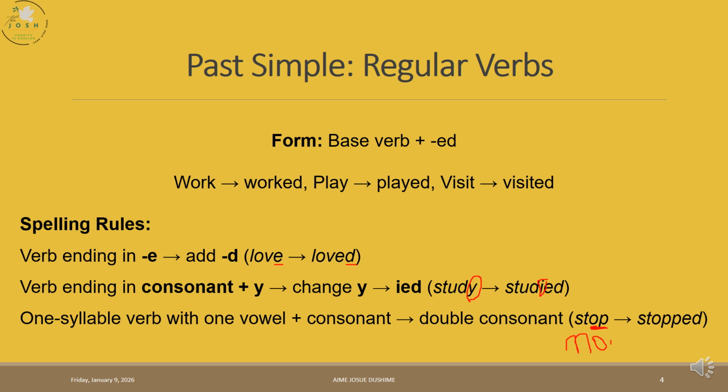Mop is M-O-P. This is also a one-syllable word and it has a vowel and a consonant. In that case, you just double the last letter, and then you add ed.